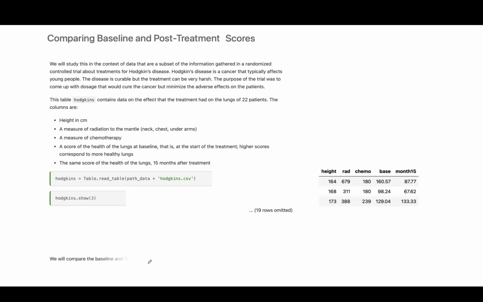We're going to compare the baseline and 15-month scores. As each row corresponds to one patient, we say that the sample of baseline scores and the sample of 15-month scores are paired. They are not just 2 sets of 22 values, but 22 pairs of values, one for each patient.